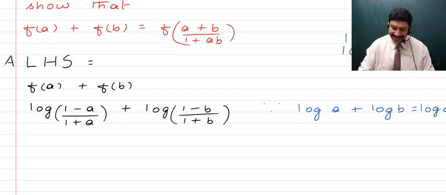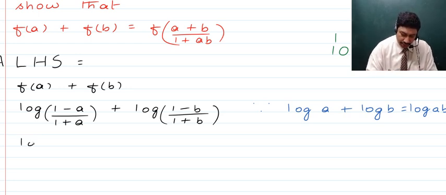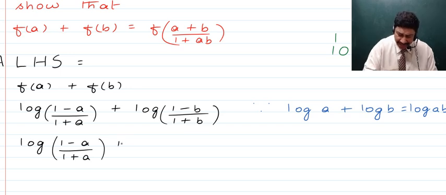This is what we are going to apply here. That is, in the next step we can write this as log of 1 minus a upon 1 plus a, which is going to be multiplied with 1 minus b upon 1 plus b.